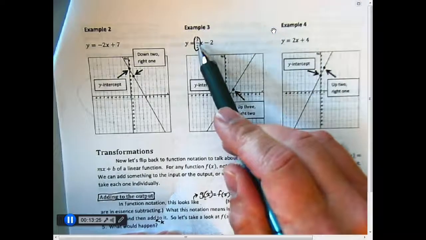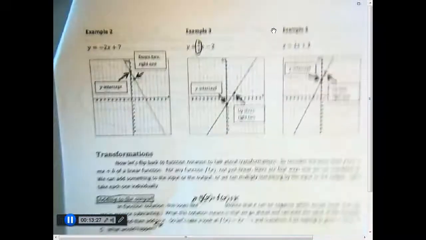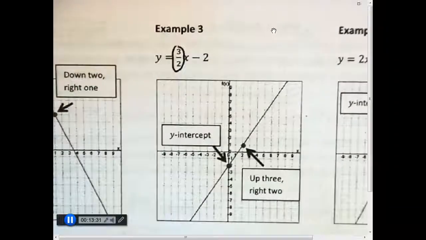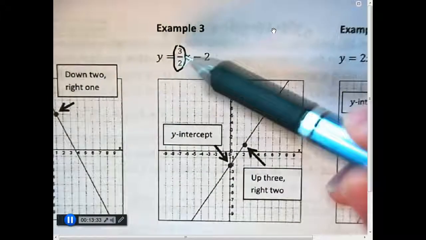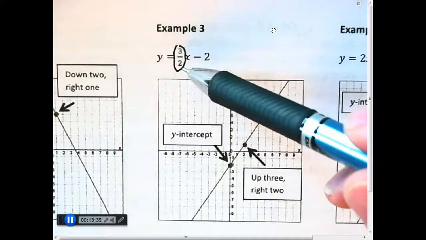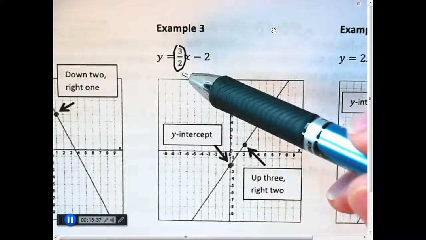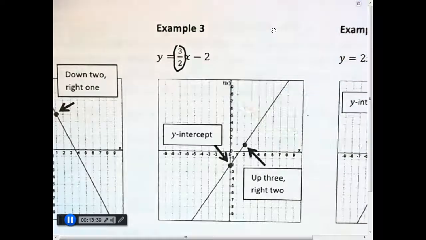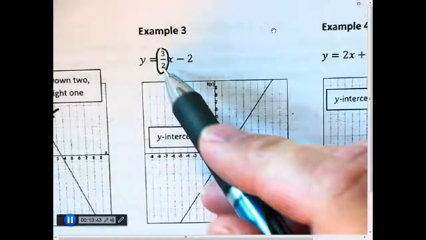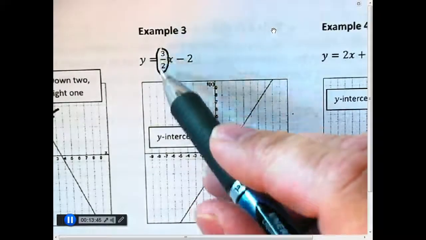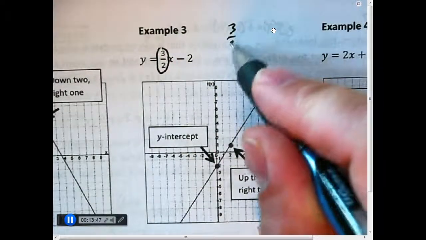I've had a few algebra 2 students tell me they made it through algebra, rising 1.5 and running 1. Okay, that's good. I like to hear you say what to that because I don't like that. They make this into like a compound fraction.